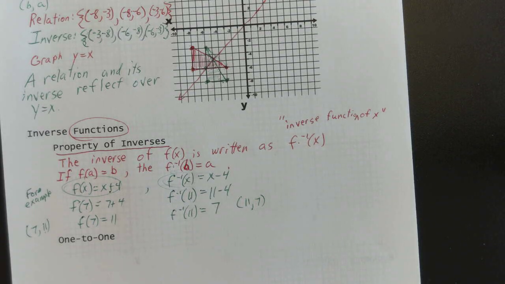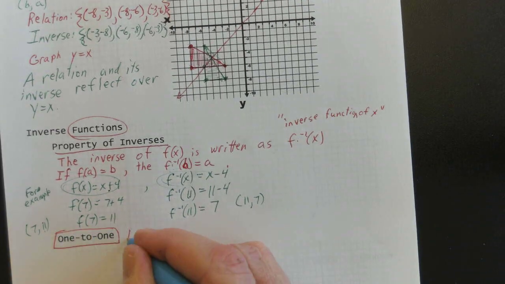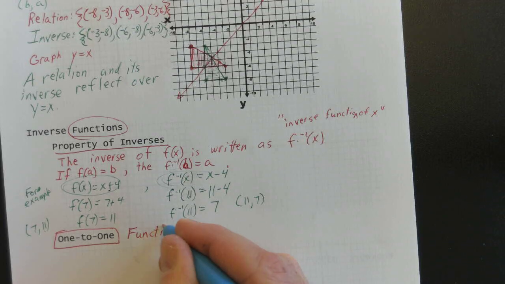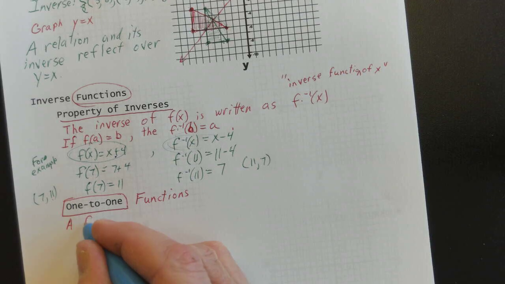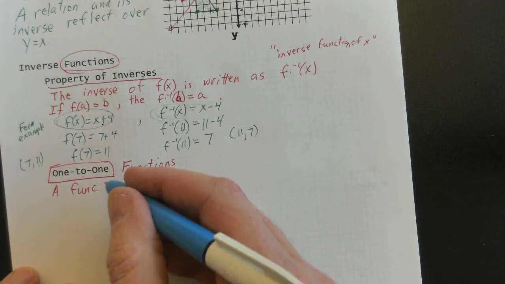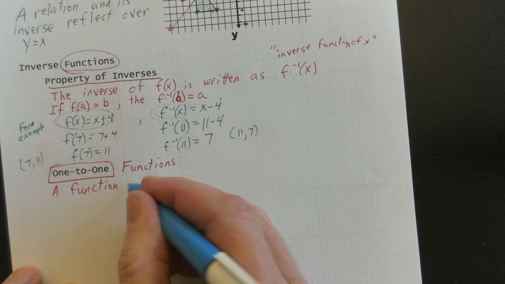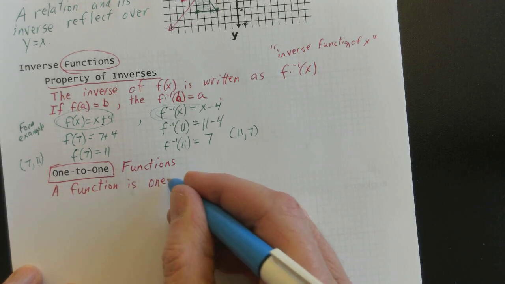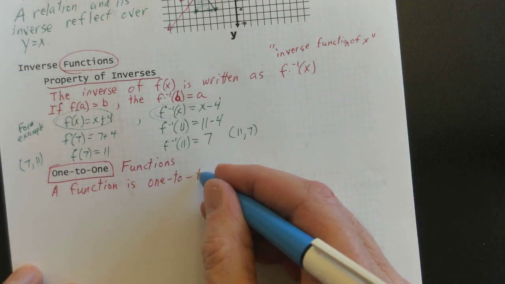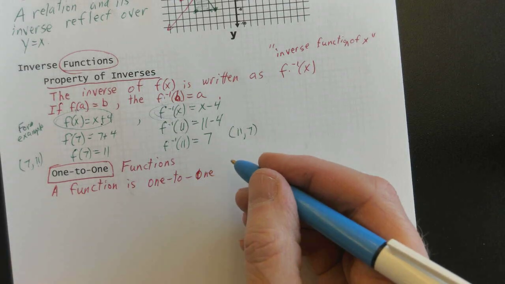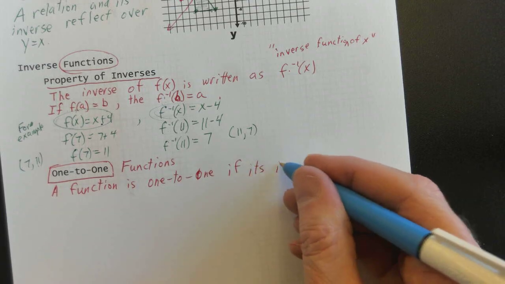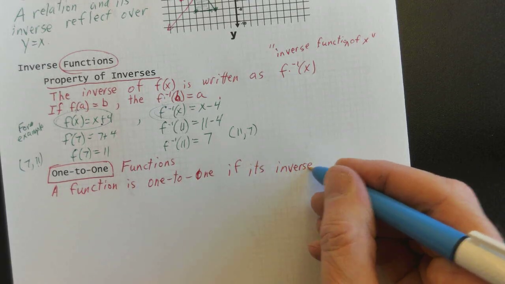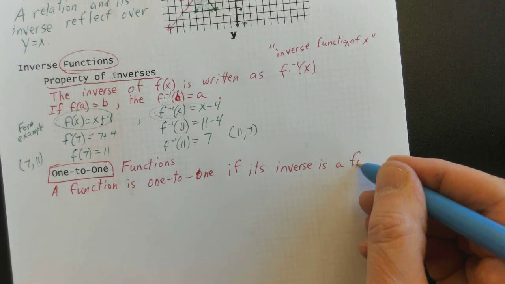All right, well then next, let's go into one-to-one functions. And the definition: a function is one-to-one if its inverse is a function.